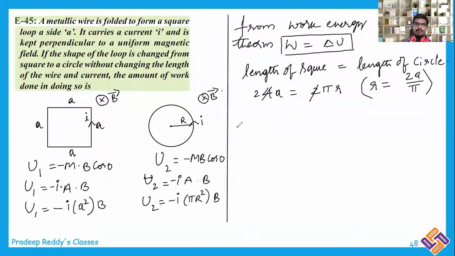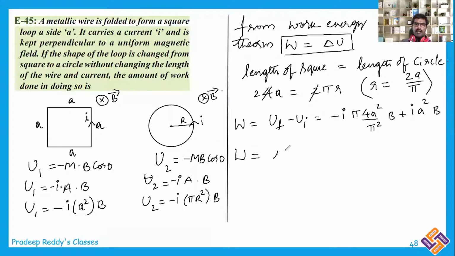Work done W is equal to U final minus U initial. U final is minus I pi into 4a square divided by pi square into magnetic field B. Minus of minus will become plus I a square B. So work done W is equal to I B a square, taking a square common, into 1 minus 4 by pi.